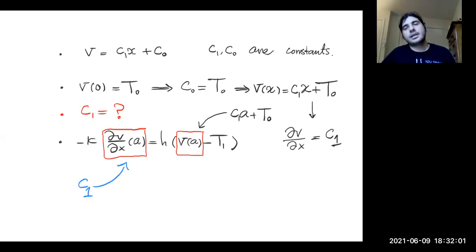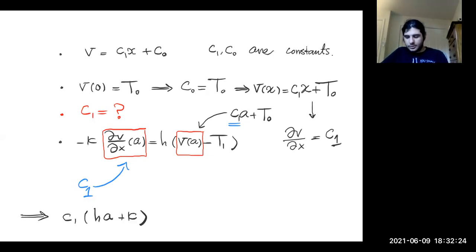That's great because C1 is what we are looking for. We also have C1 here. Note that we have also C1 here. So if we compute the things, we would see C1 times HA plus kappa is equal to H T1 minus T naught, right?